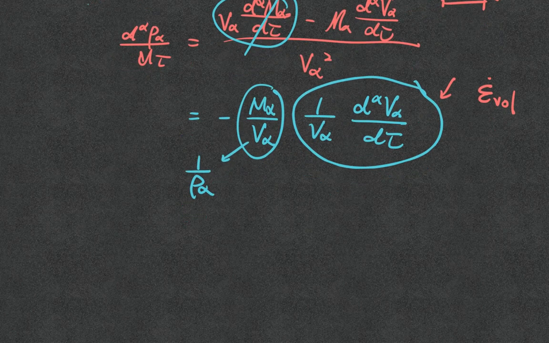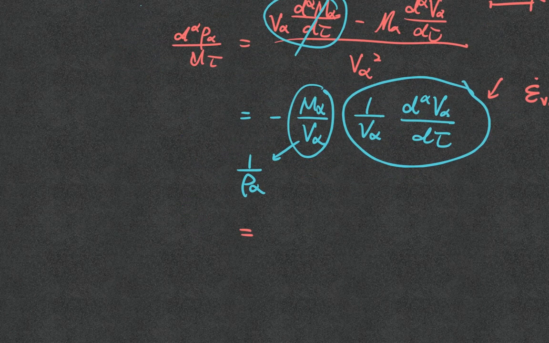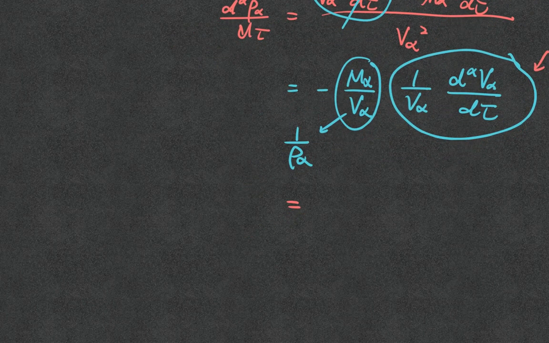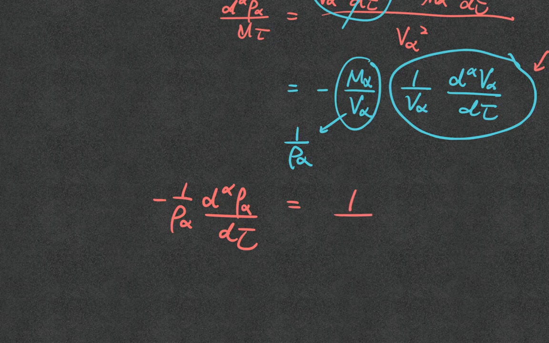Now, if we get to that, then what actually happened is that we will come up with the following term: 1 divided by rho alpha times the time derivative of rho alpha is actually equal to 1 divided by V alpha, and then notice that there's a minor term there, times the V alpha.